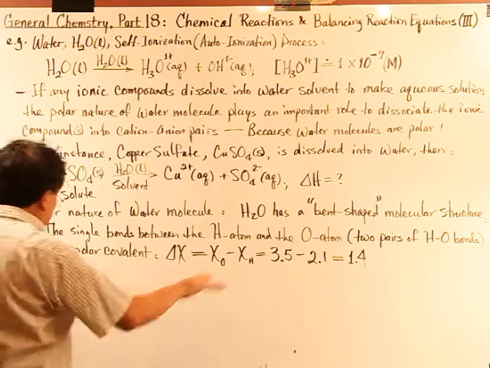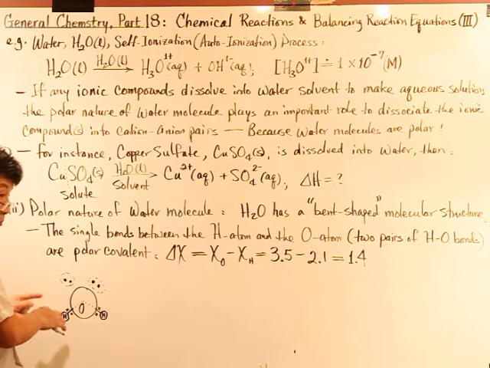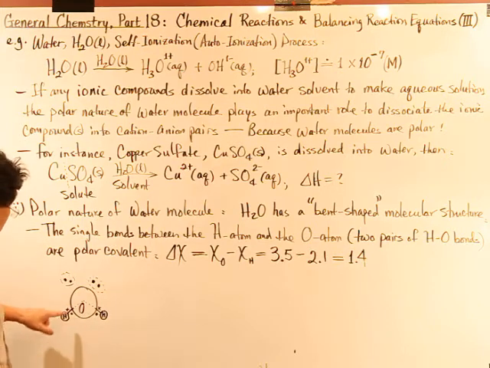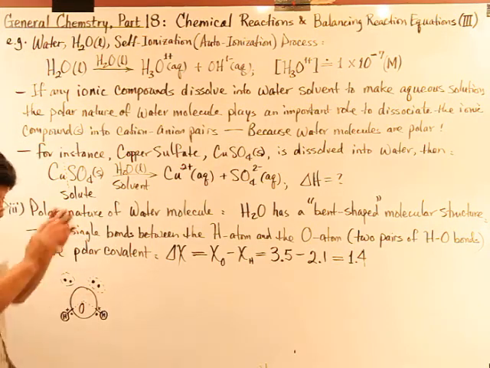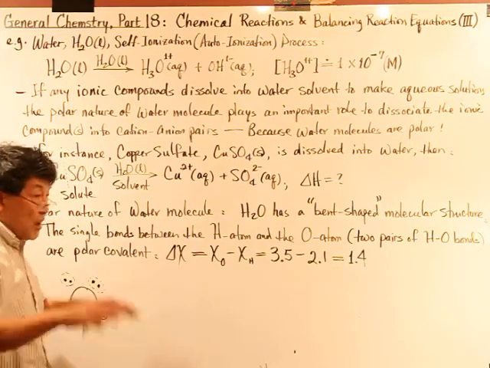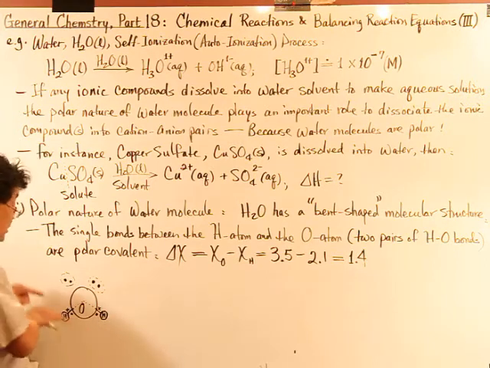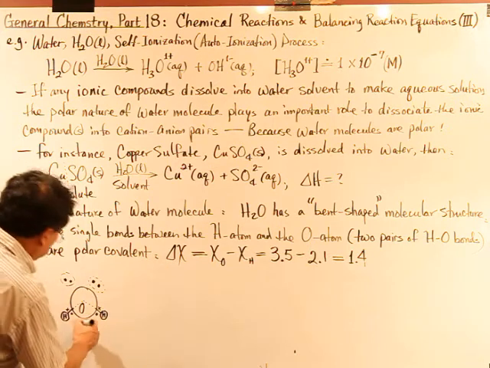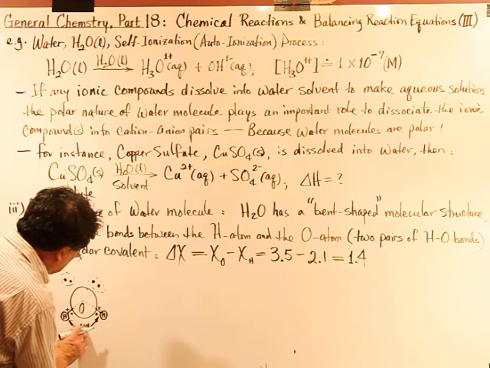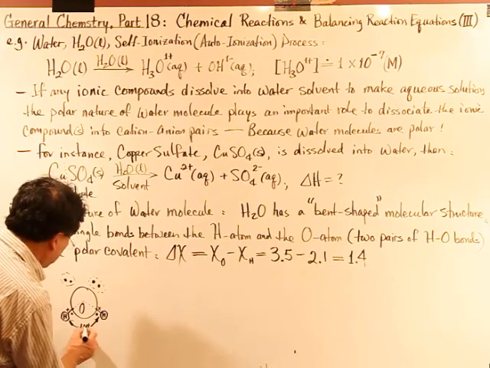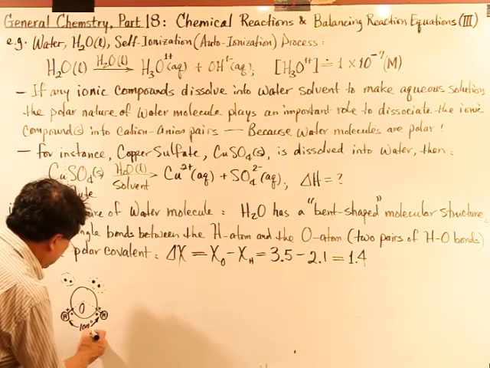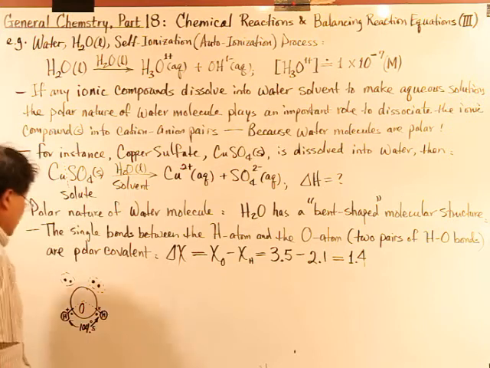They are supposed to be straight, but since the 2 lone pairs, 4 electrons total, are concentrated on the other side, these straight lines are no longer straight and become bent, because these 2 lone pairs push the 2 bonding electrons down, away from them, so the bonding has an angle. Instead of 180, now it's 104.5 degrees.